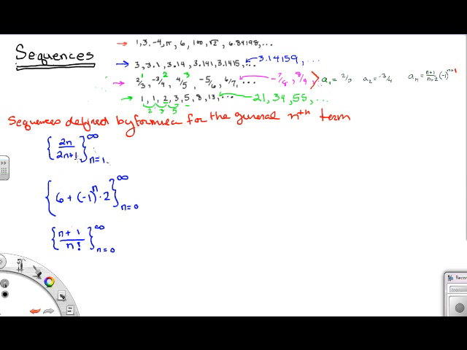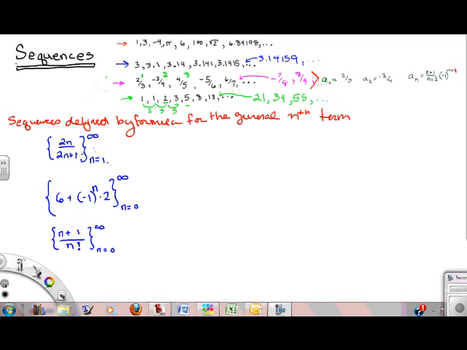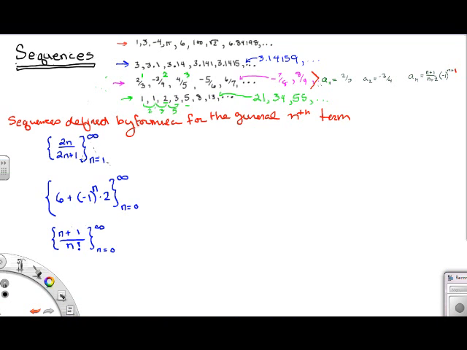Although I want to emphasize the order you list things in matters with sequences. So when you see a formula in n in curly brackets and it says n equals 1 to infinity, you're looking at the sequence that I get by plugging in n equals 1, then n equals 2, then n equals 3, and I go through all the natural numbers from 1 on into that formula. So this would be the sequence.